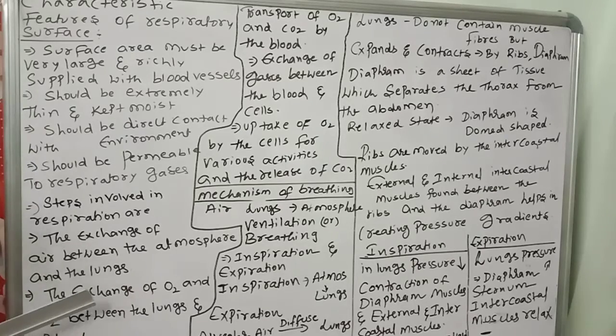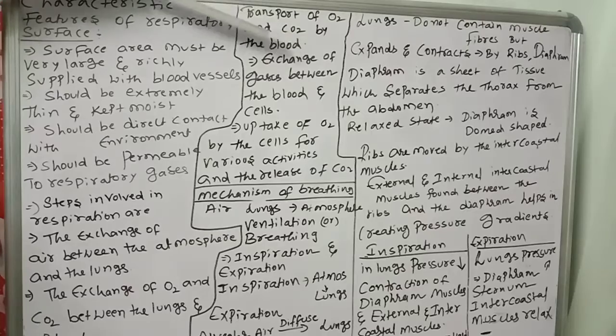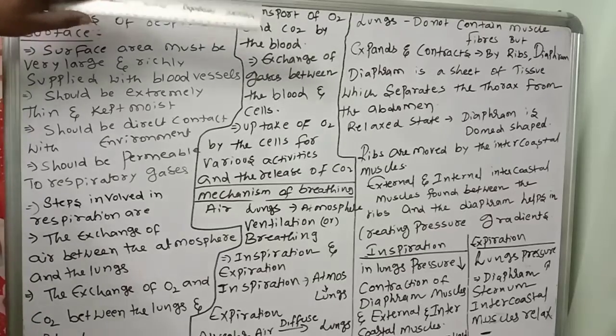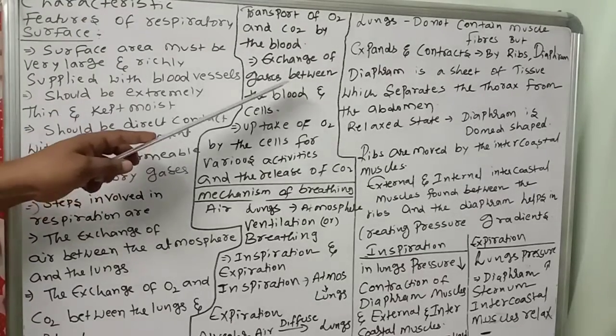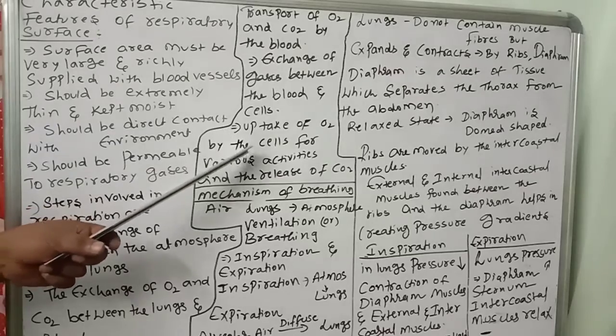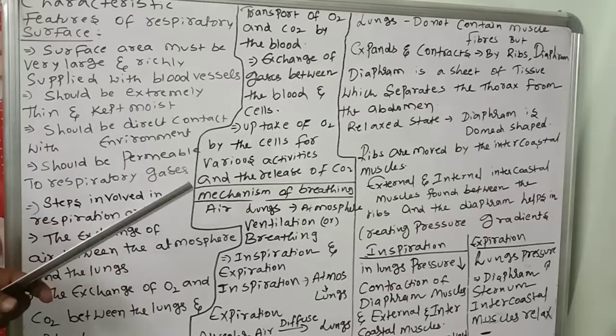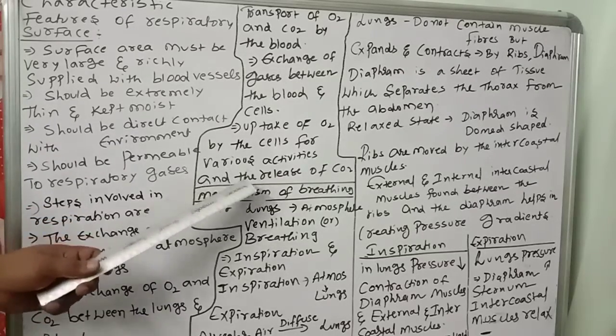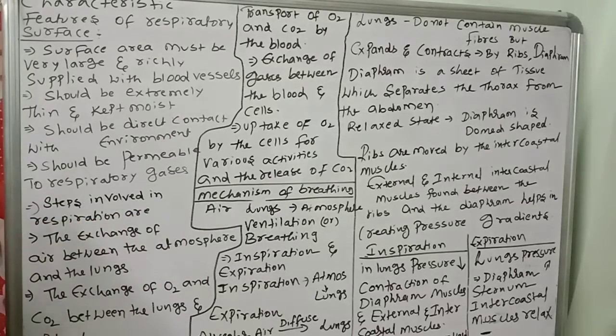Then the transport of oxygen and carbon dioxide by the blood. Next, the exchange of gases between the blood and the cells. Next, the uptake of O2 by the cells for various activities and the release of carbon dioxide. These all we should remember.